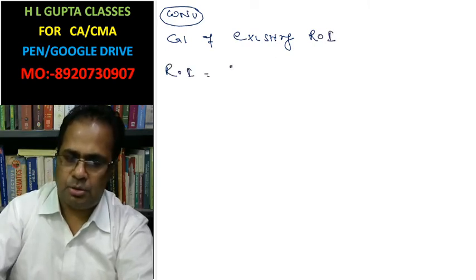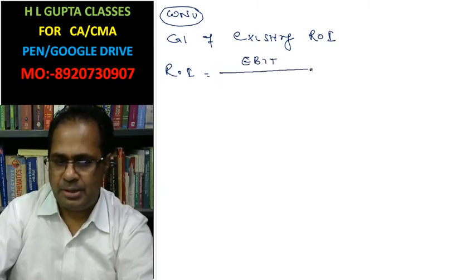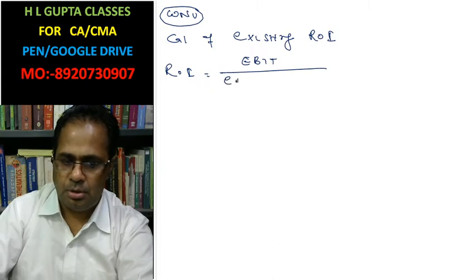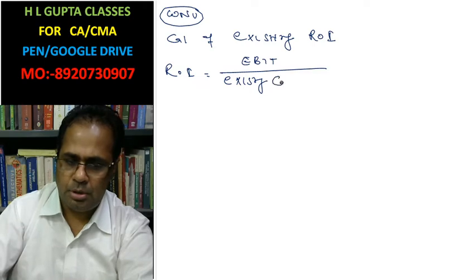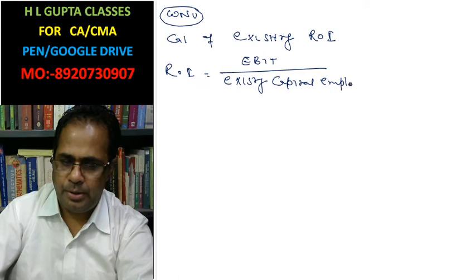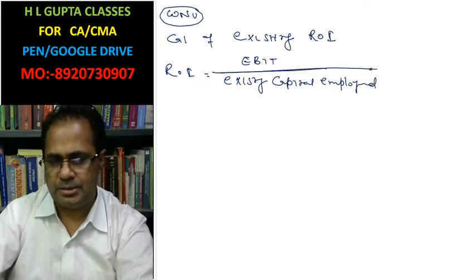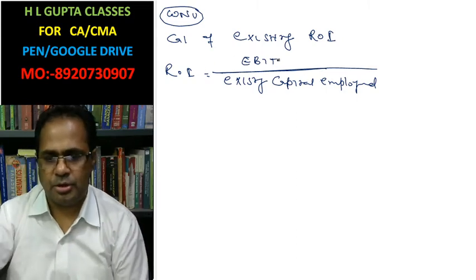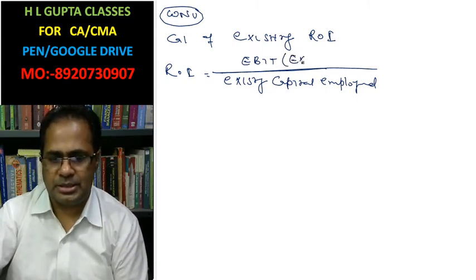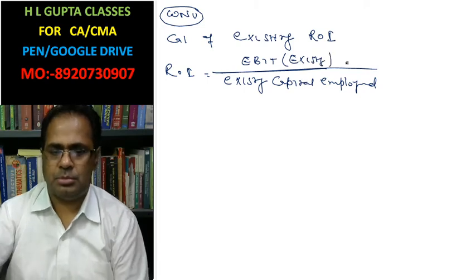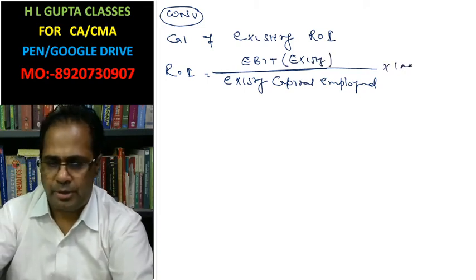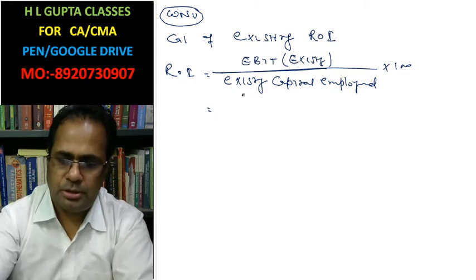Return on investment equals EBIT divided by existing capital employed. So this EBIT will be the existing EBIT, into 100. Look in the question.